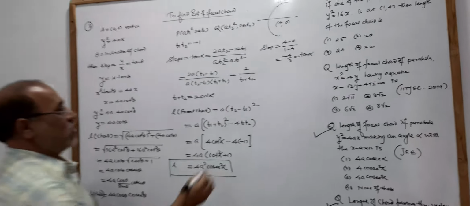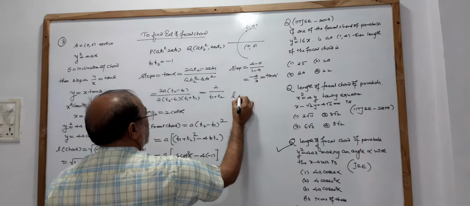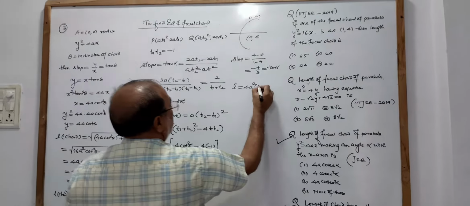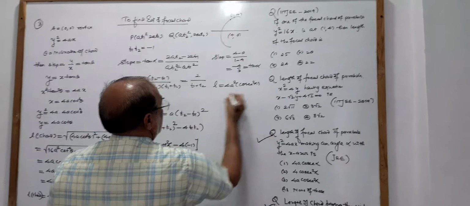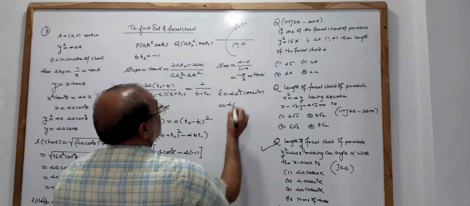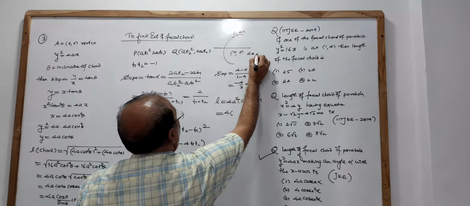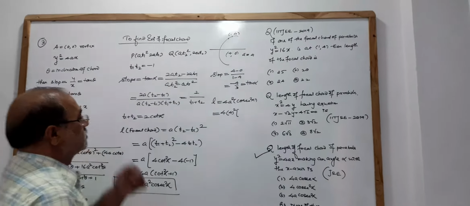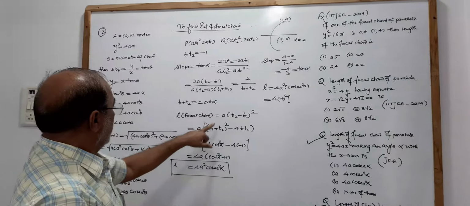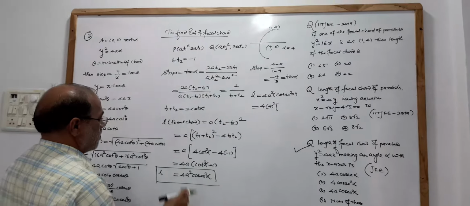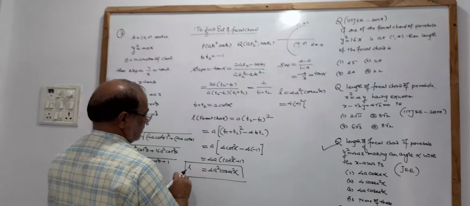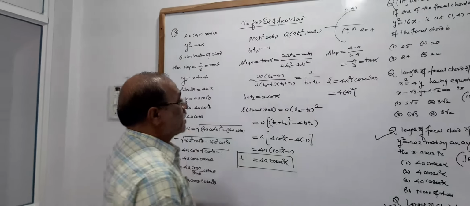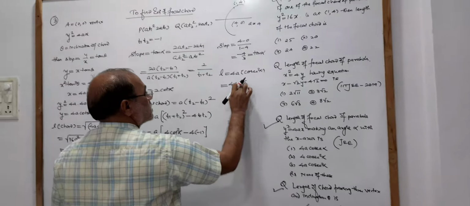Then the length of the focal chord is 4a cosec square alpha. A is 4 here, so it is 4 into 4, 4a, not a square.